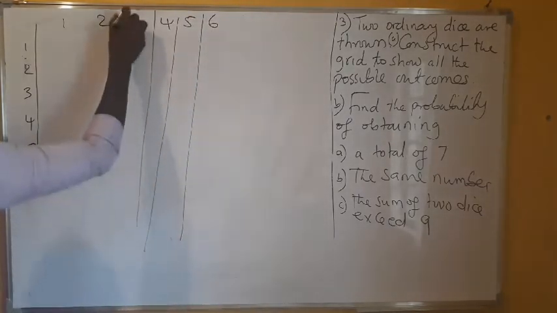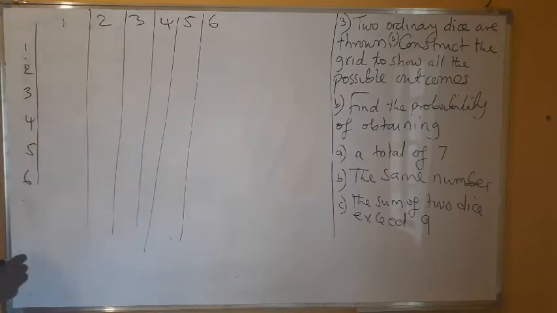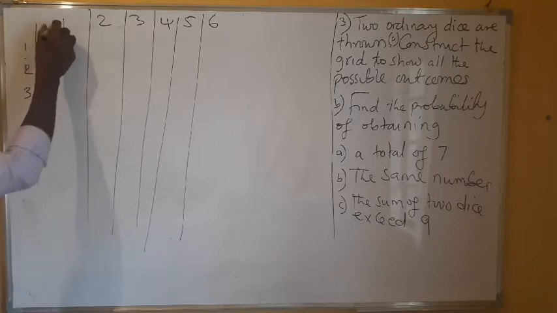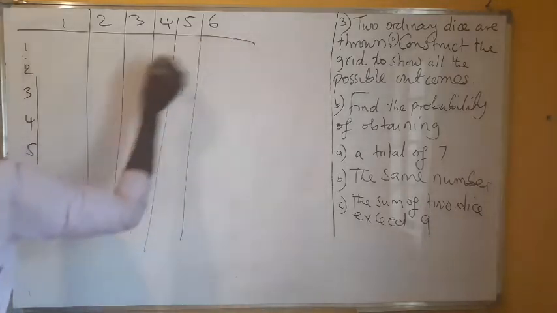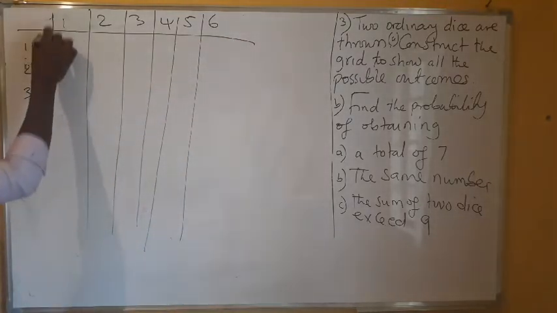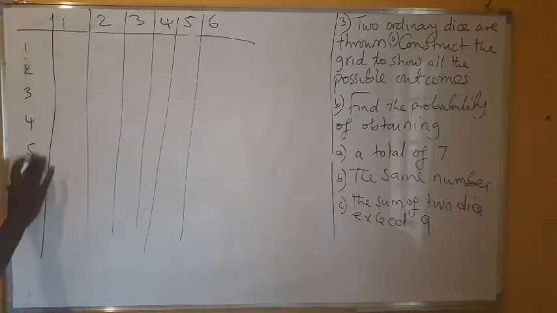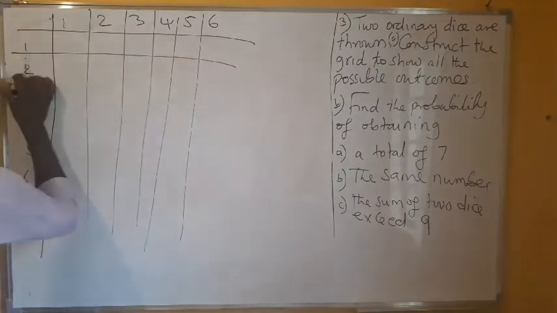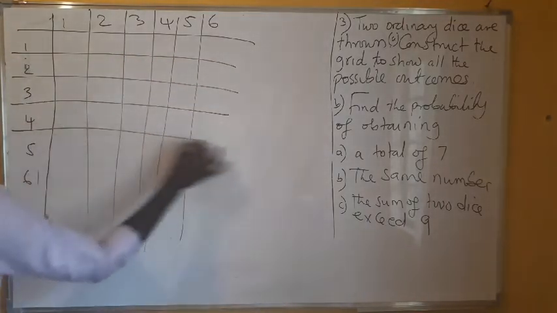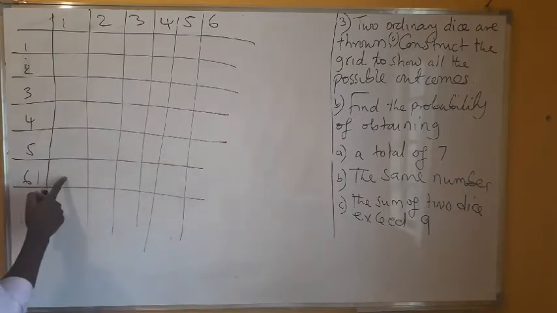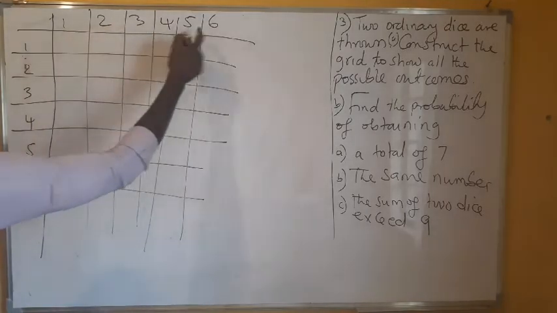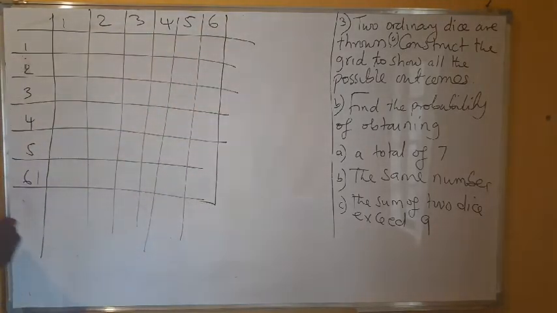So this is what we are supposed to have. Then we have this. 1, 2, 3, 4, 5, 6. Okay. This is the grid.